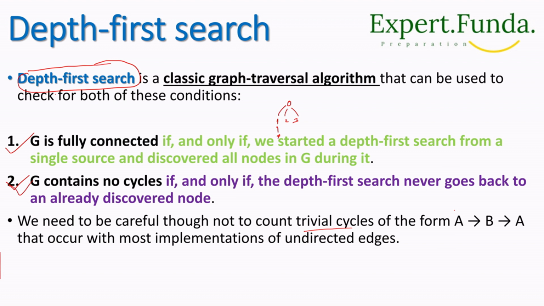How does it form? A points directly to B, and B again goes back to A, like this. It looks like a cycle, so we have to take care of that.